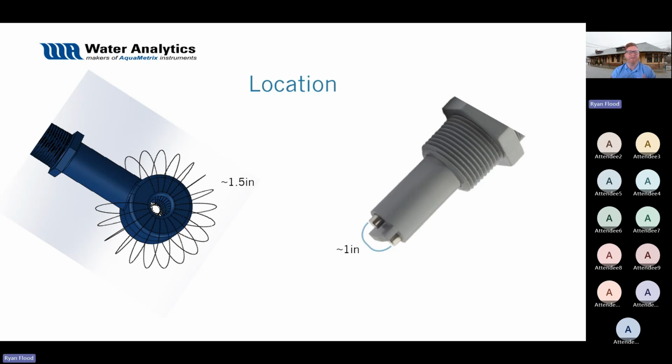Now, you may say, well, I need to have my installation in a way where I'm infringing on this. There's just no way around it. I need, let's say, a 2-inch pipe, and you need to have the toroidal sensor, right? That's what you need for your application. It's okay. You can calibrate around that. Typically, the interference seen from that third-party object is constant, and you can calibrate around that.